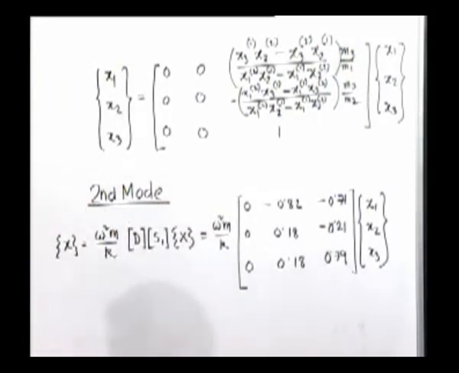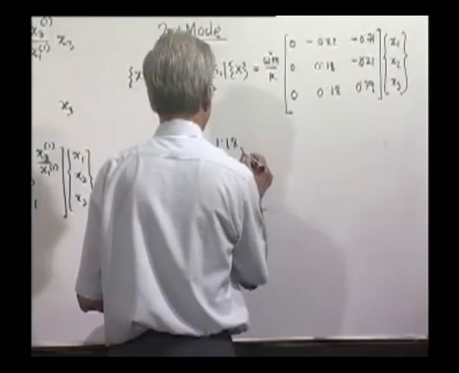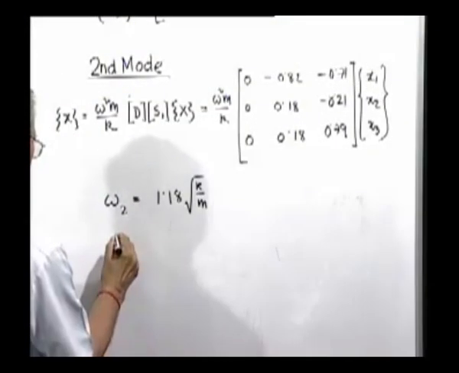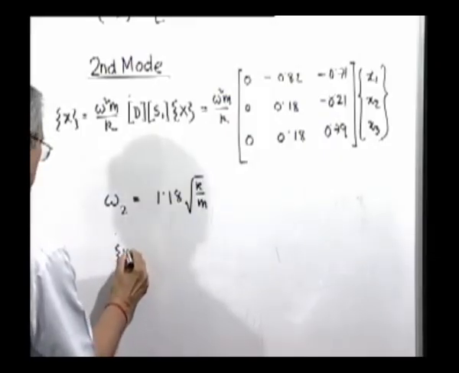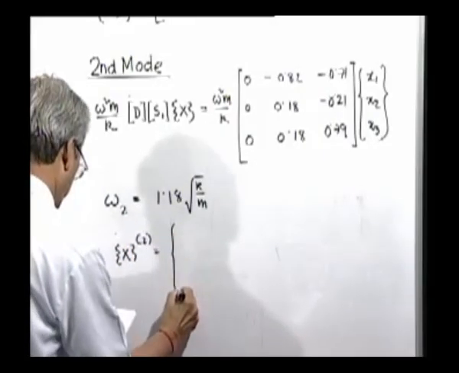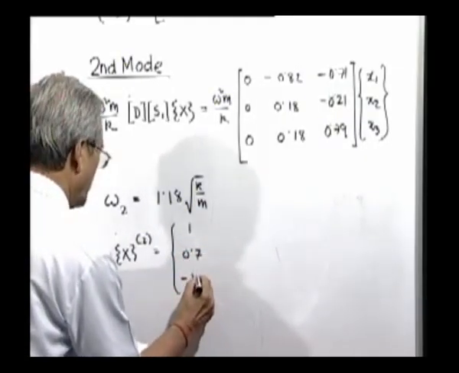What we will converge to is omega n2 equal to 1.18 square root of k by m, and the second mode will be 0.7, minus 1.8.